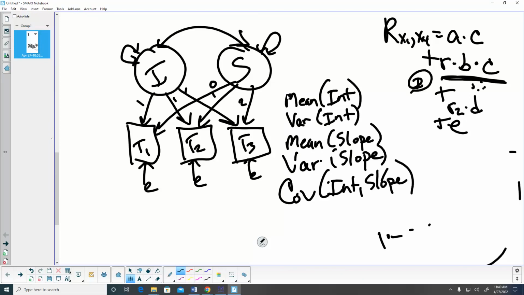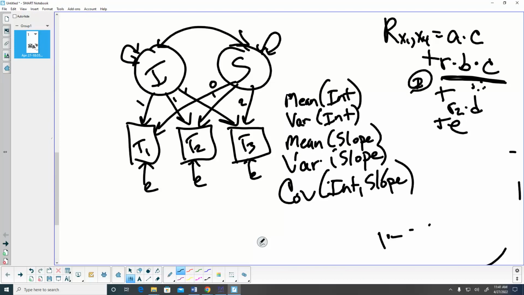So those are 5 parameters, and all those 5 parameters are actually happening up in this part of the model. So we've got a mean and variance for the intercept, mean and variance for the slope, covariance between the intercept and the slope, and then down here, we actually constrain what we do in a growth model.